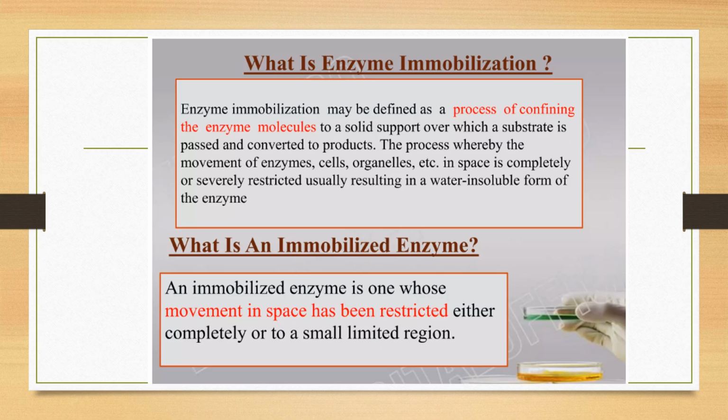So next time, if we want to use the same enzyme for a reaction, the solid support can be taken out from the reaction vessel and put into another reaction. The next substrate can pass over it and be converted into product, so that the enzymes can be recovered after each reaction and reused for other reactions.